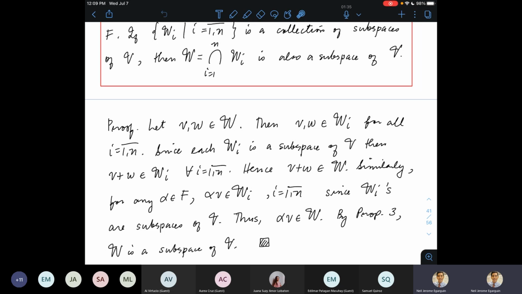So ang alam ko pa lang so far, si v and w were chosen arbitrarily from the set curly W. So what does that mean? Assuming hindi nyo pa nakikita yung rest of the proof. Anybody? For v and w, what is the direct implication of v and w being in curly W?